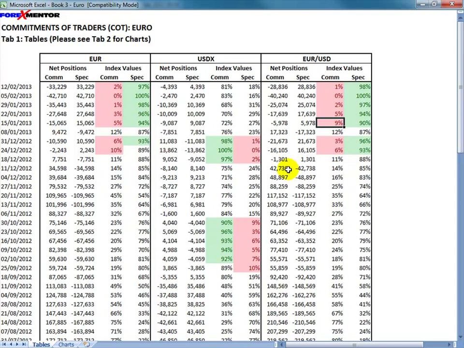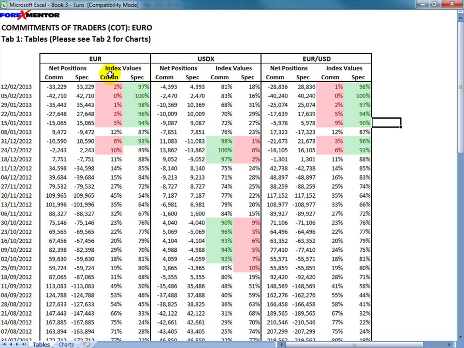This is the table view for Euro, and as is true of all the currencies, we don't just show you the COT data specifically for the Euro in isolation. Our contention is that is a mistake. For any particular forex pair, you have to look at the implied positioning of the paired COT data for both sides.